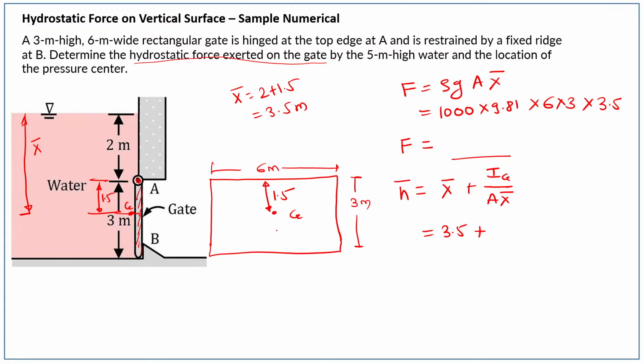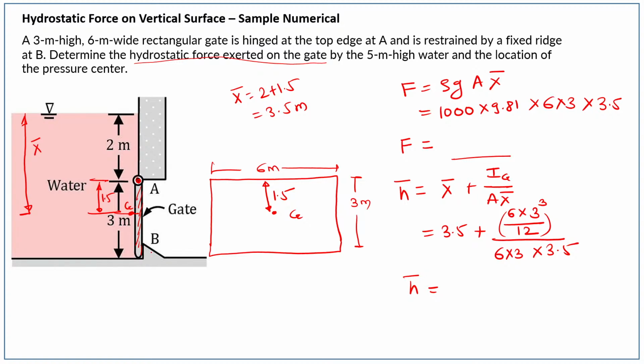Always you have to see the projected area. So B is 6 and D is 3. So BD cube divided by 12, that is Ig, upon area 6 into 3, and x bar 3.5. Once you do this calculation, you will get the h bar, that is the center of pressure.